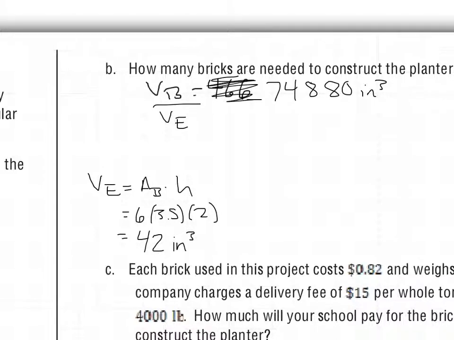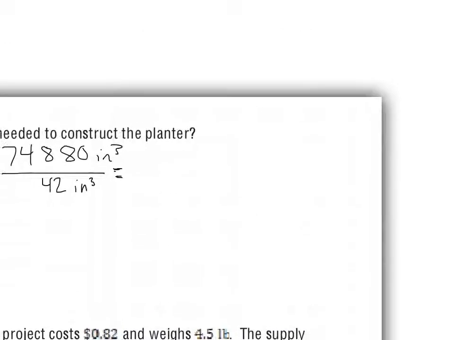So divide this by our 42 cubic inches for each of the bricks, and that's going to tell us approximately how many bricks we're going to need. And so I calculate this out as 1,782.85. So that means I'm going to need almost 1,783 bricks.